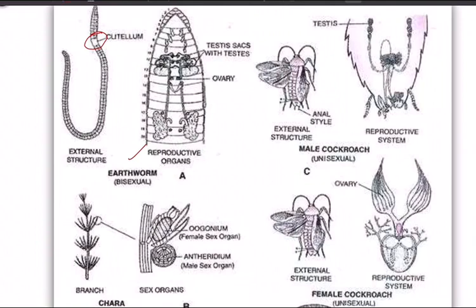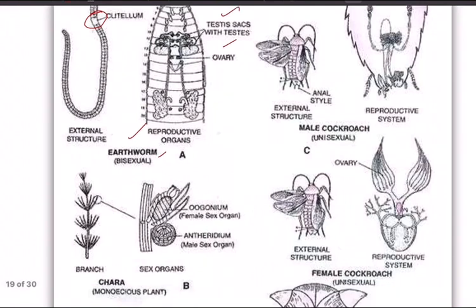Normally 13th segment to 18th segment it will be there. And in that clitellum, there will be both male as well as female gonads present. Like you can see here, presence of testis, presence of ovary, both. So both gonads are present in that clitellar region. Hence we say earthworm is a bisexual, or it's also called hermaphrodite.